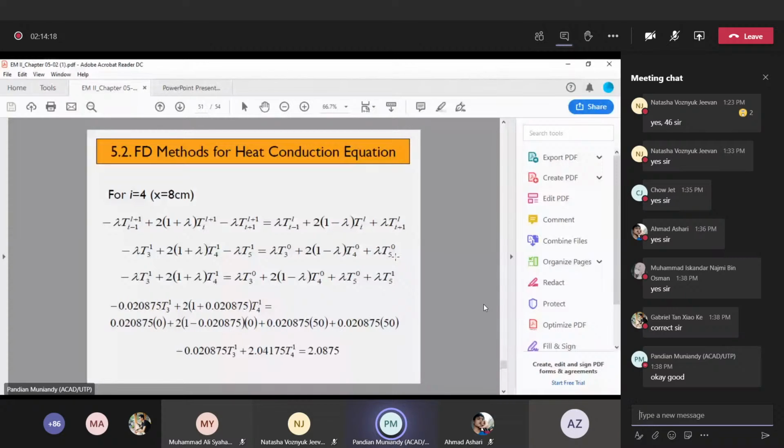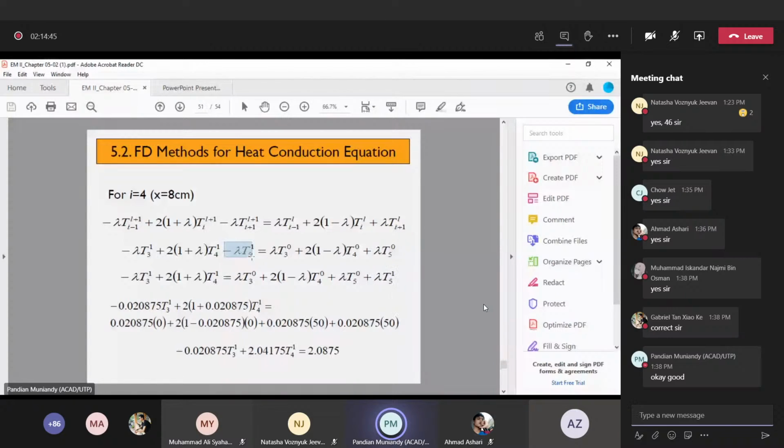So you have this equation and you substitute all the values. Minus lambda T13 plus 2, 1 plus lambda T14 equals to lambda T03, 0, 2, 1 minus lambda T04 still 0. T05, this is not 0. This is 50. And then the lambda T15 is from here.